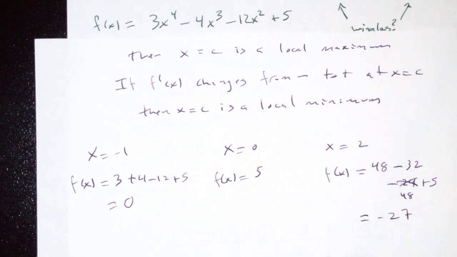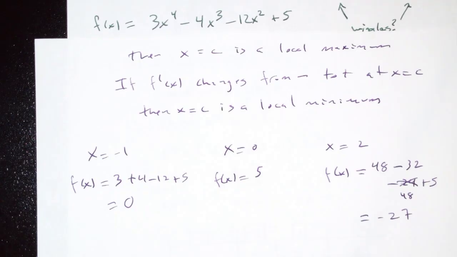Hey, think about the shape of this graph. The shape of this graph, as I go from left to right, this side is coming down, then we go down to 0, we go back up to 5, we go down to -27, then we go back up. Do I have an absolute maximum on this graph? Because this side's going to keep going up.